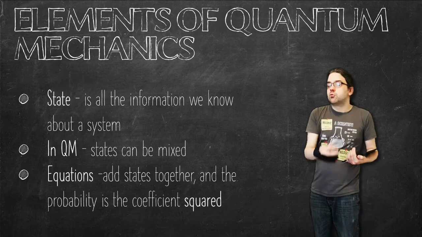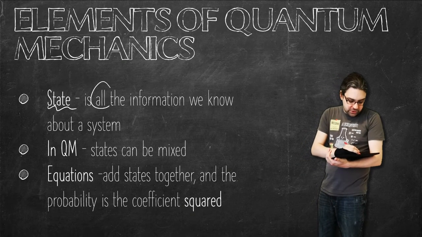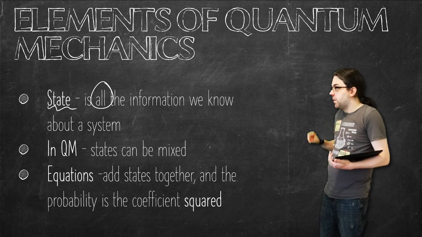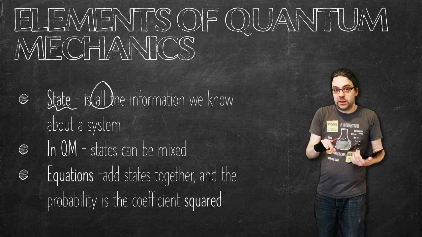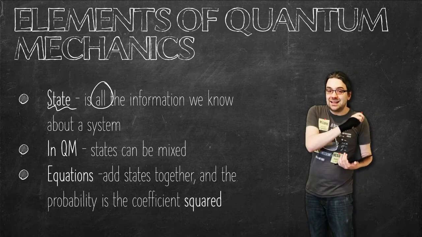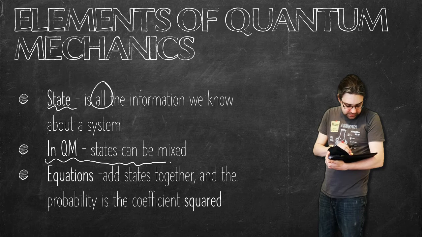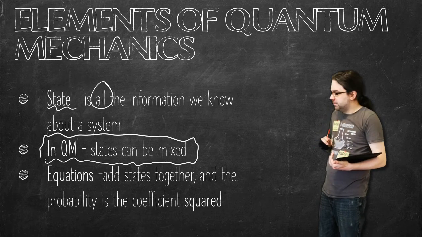Right, so just to recap the idea of quantum states now. A state is all the information we know about a system. There are some interesting philosophical ramifications of that when it comes to quantum mechanics, because that information is limited slightly. But in quantum mechanics, states can be mixed.